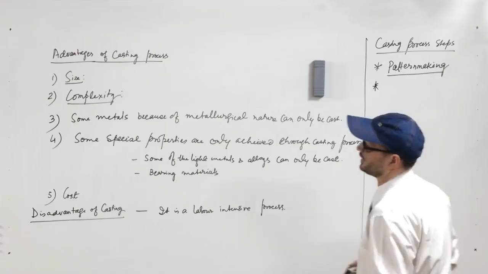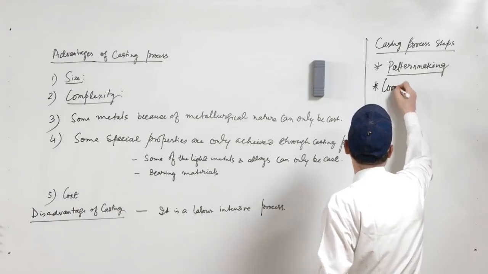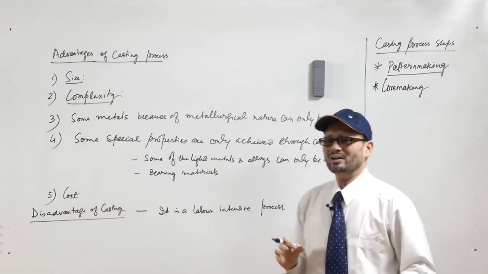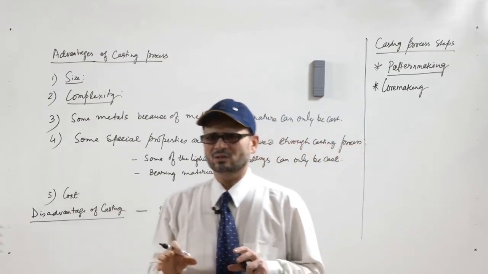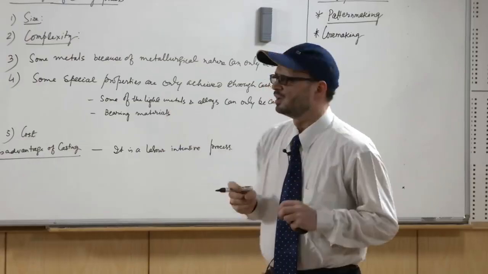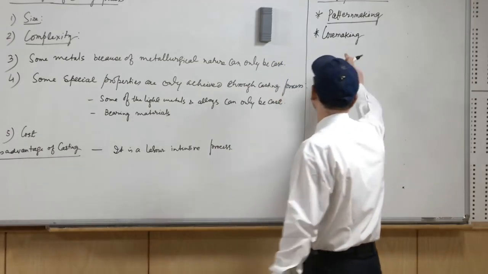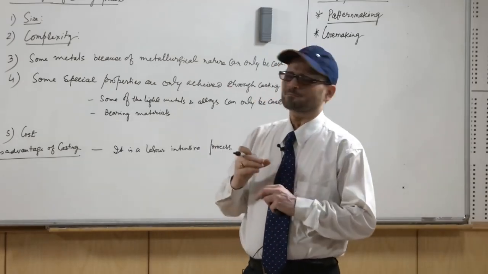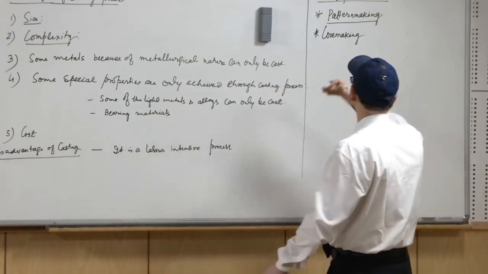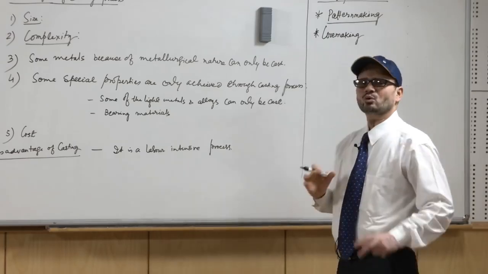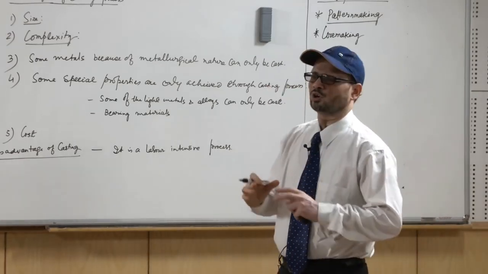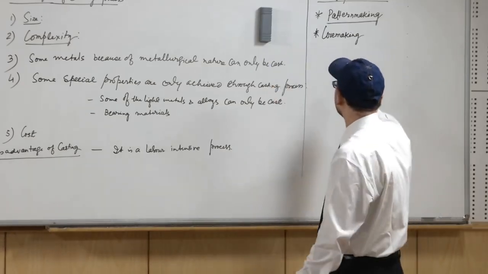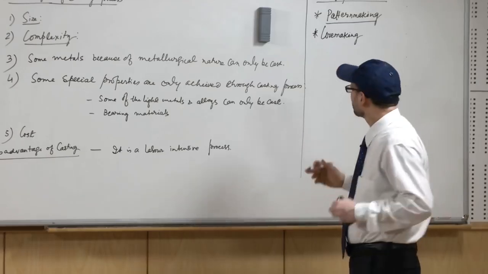Further, there is core making. When we want to have internal features, certain holes or so, at that time you need to have the core, and these cores are basically made in another unit, that is core making unit. Cores are normally made of sand, and this is some sand of better purity.